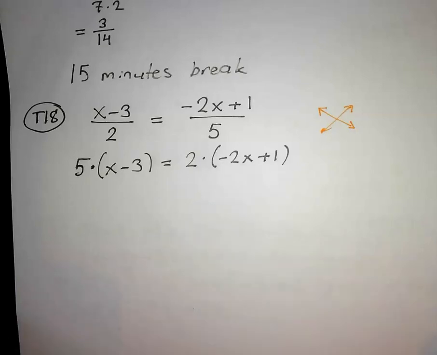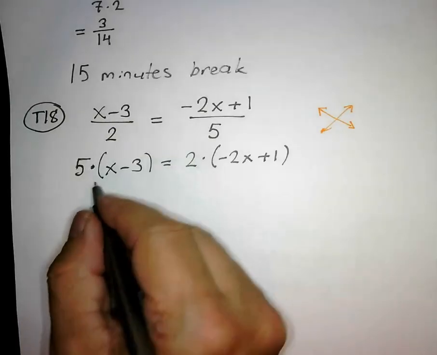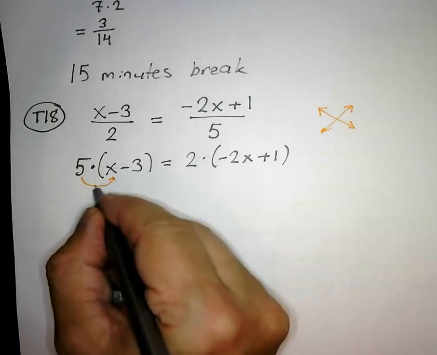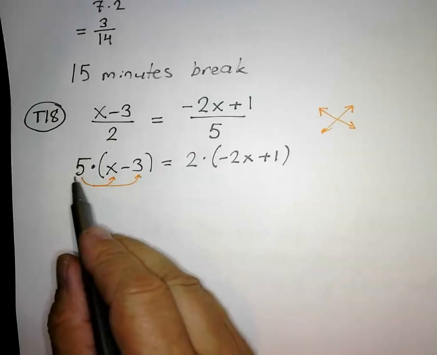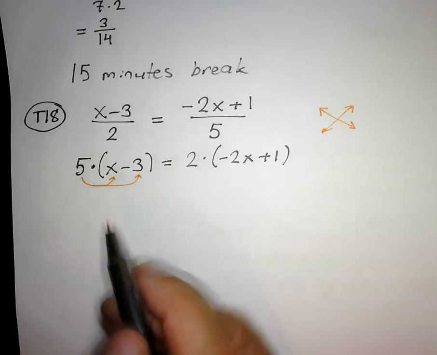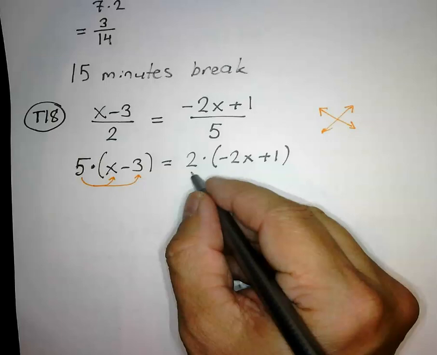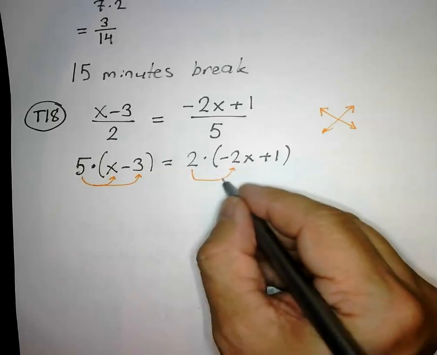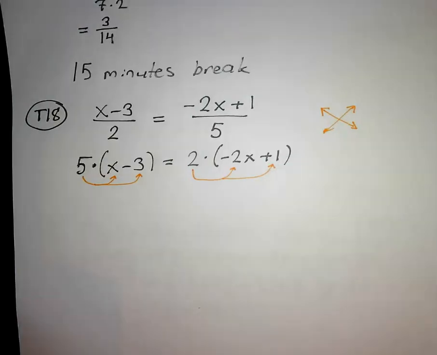And after this, you have parentheses, and you take those parentheses away by multiplying with this constant in front of these parentheses. So 5 is multiplied with x and minus 3, and here in the right hand side 2 is multiplied by minus 2x and plus 1.